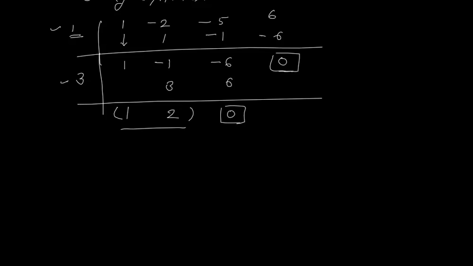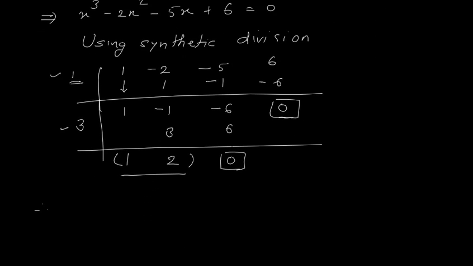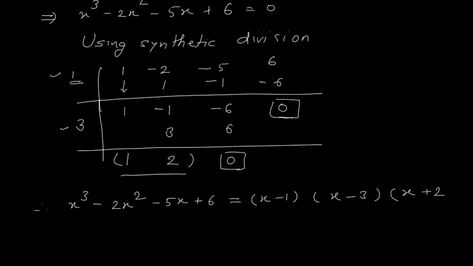So therefore directly I can write x cube minus 2x square minus 5x plus 6, this is x minus 1, x minus 3, and here it is 1 into x, so it is x, plus a constant term 2. Whatever numbers are there, you have to take their opposite sign. So plus 1, so I have taken x minus 1, plus 3 I have taken x minus 3.